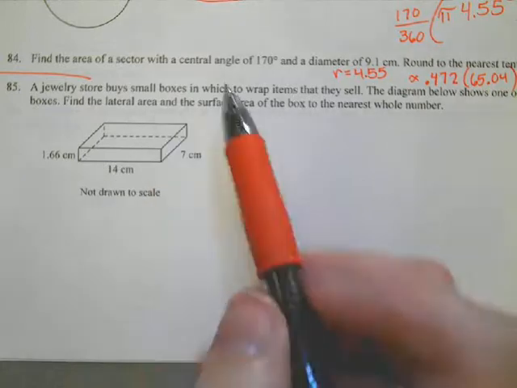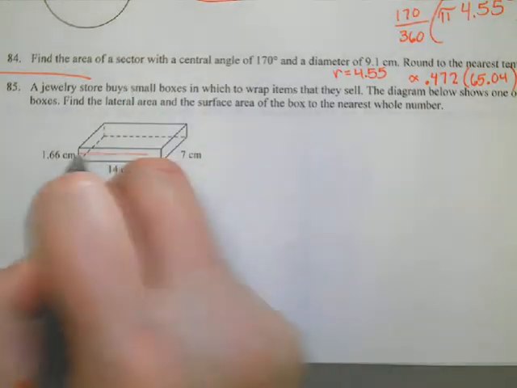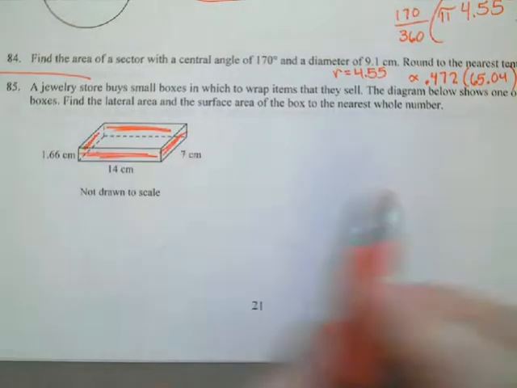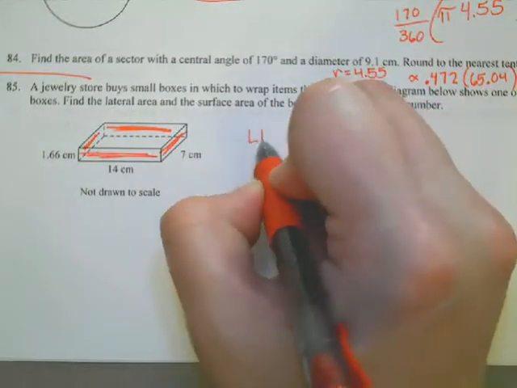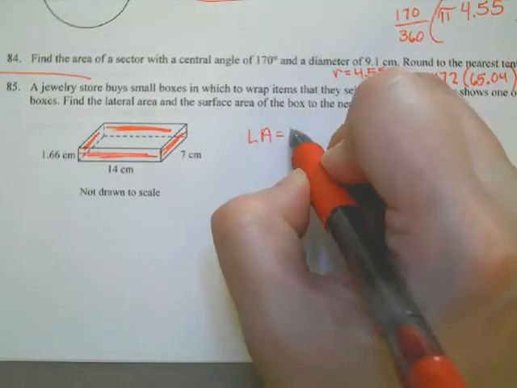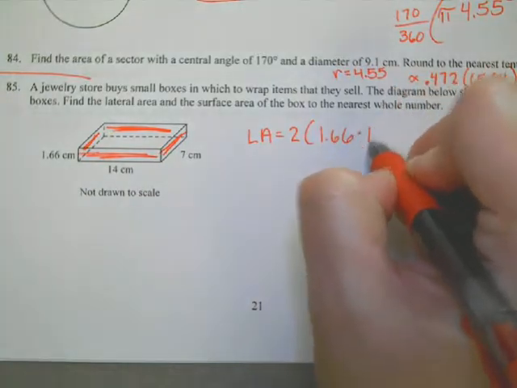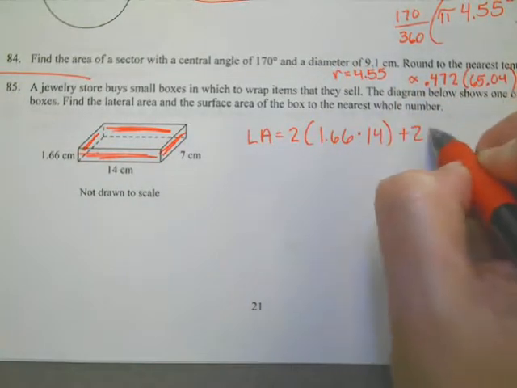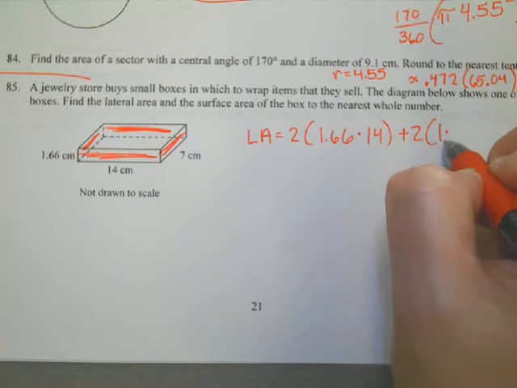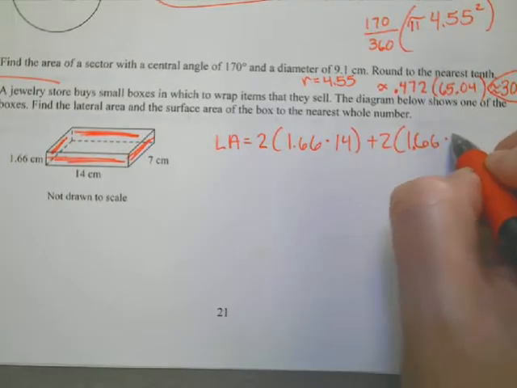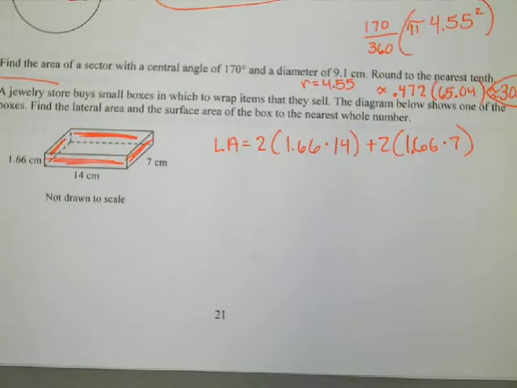You have 4 rectangles here, 2 that are 1.66 by 14, and 2 that are 1.66 times 7. So this is just calculations. 1.66 times 14, that's the front. Multiplying that times 2 because there's also a back gives 46.48.